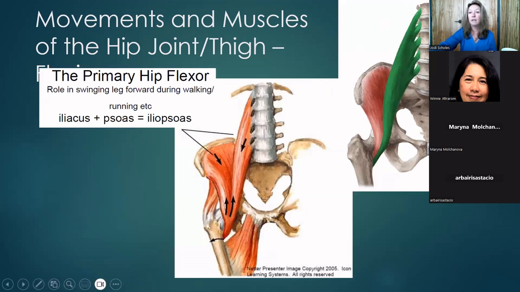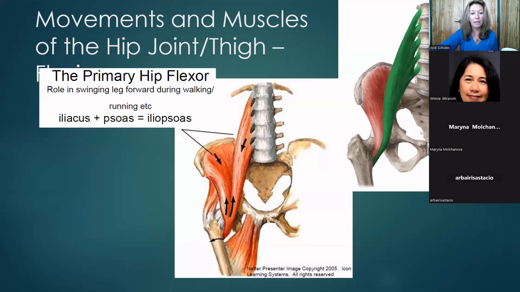Here's a lovely picture of that with different colors. So this is the primary mover, again, with the role of swinging the leg forward during walking. And please note that this major muscle attaches to the inside of the femur, not the outside.